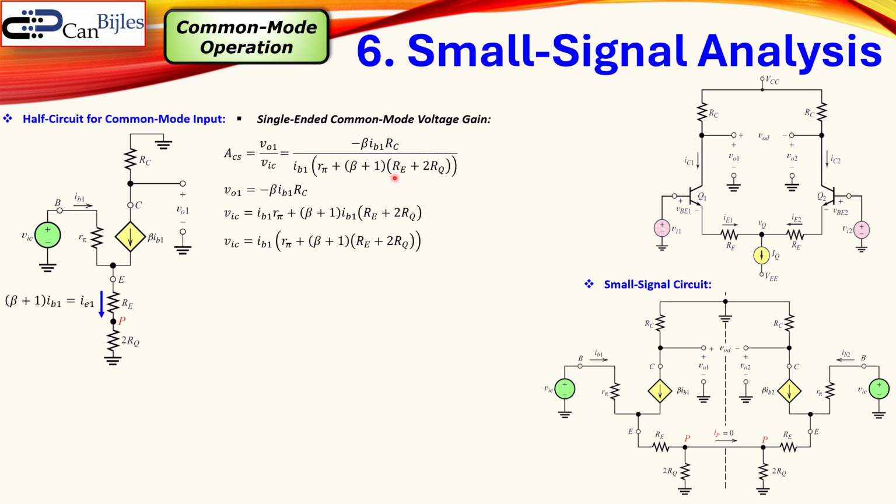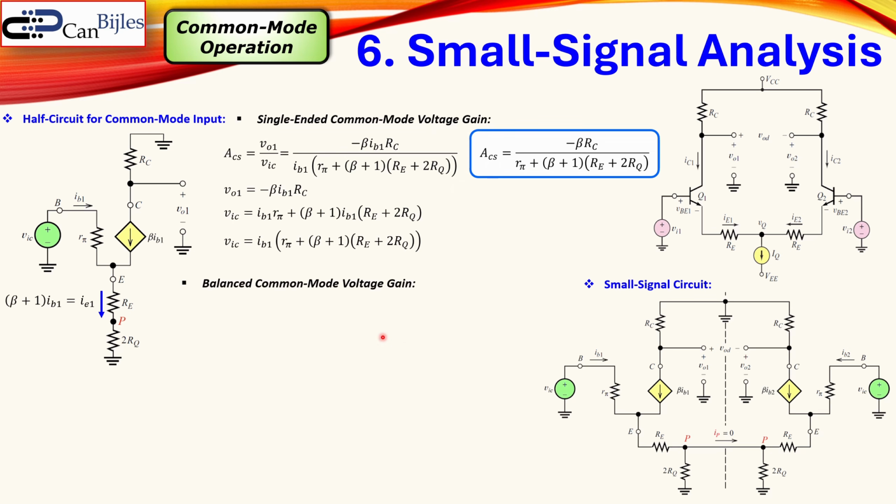The only difference between the situation for the differential mode and this one is that we now have this 2 times the RQ. And also we had a 2 here in front. Again, we divide by the base current IB1, and then you have here the expression for the common mode single-ended voltage gain.